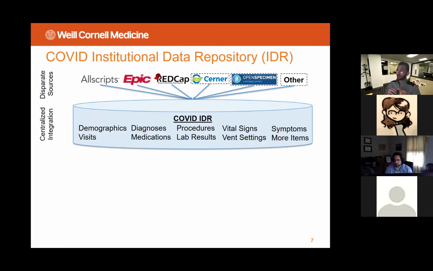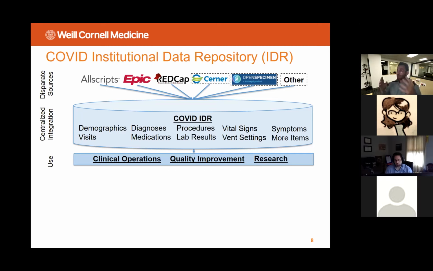These visit level data are not only specific to the visit that they were diagnosed with COVID, but also we go back 5 years in their medical record and include any visit that they had or any diagnosis and past medical history that they had, and incorporate that into the COVID institutional data repository. So now, as an end user, you will be able to look at the continuum of care for these patients since 5 years ago and be able to use that valuable resource to answer your questions regarding these patients.